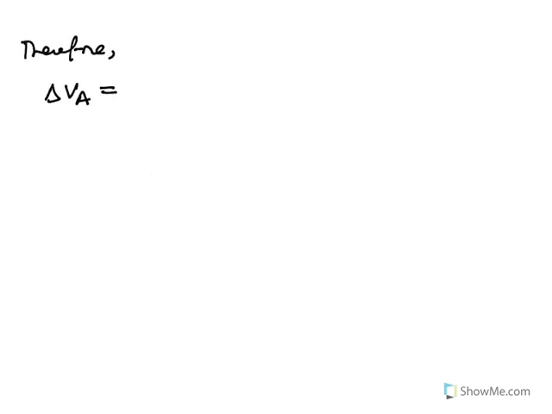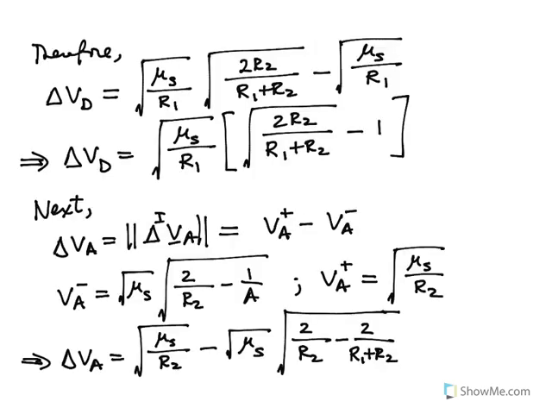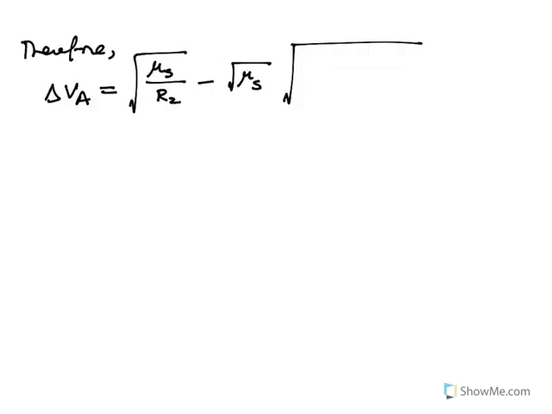We've got the square root of mu s over r2 minus the square root of mu s times the square root, and by the time we're done simplifying this, we've got r2 times r1 plus r2, but in the numerator we're going to have 2r1, and that's just because when you take 2 times r1 plus r2 minus 2r2, you get 2r1.